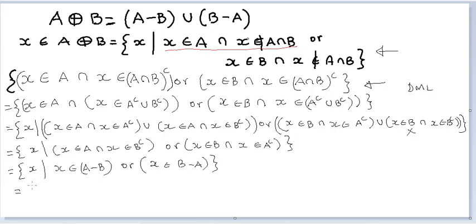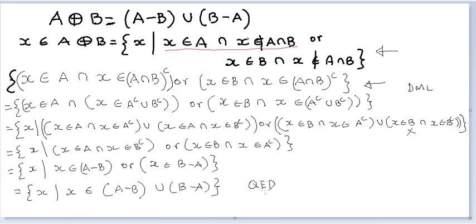It's a union, right? X such that X belongs to A minus B union, sorry, B minus A, and that's what we got here, right? We proved that, quite easily done.